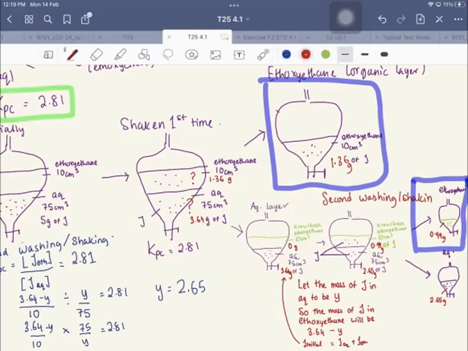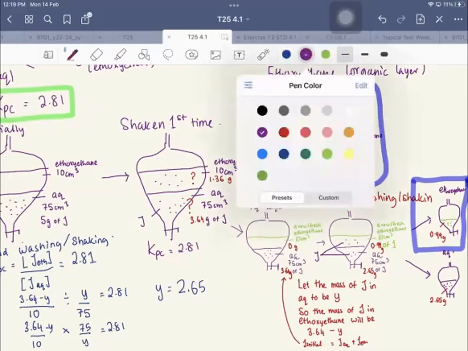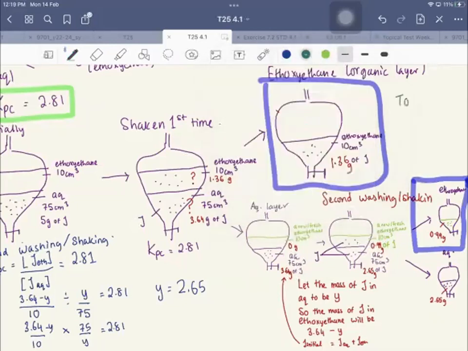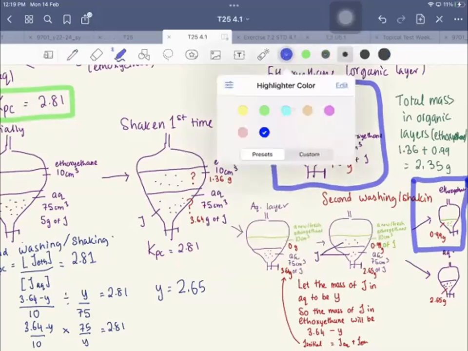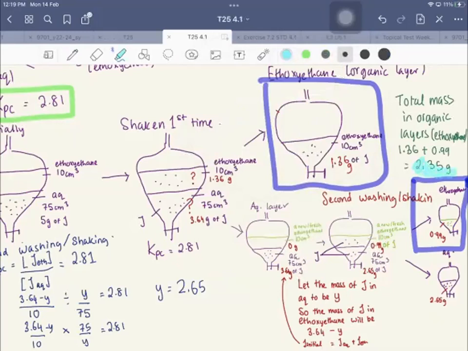So the total mass in organic layers, your ethoxyethane, is 1.36 plus 0.99 grams, which is 2.35 grams. And that is your ultimate final answer.